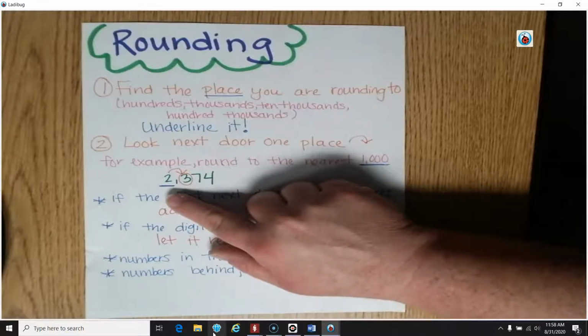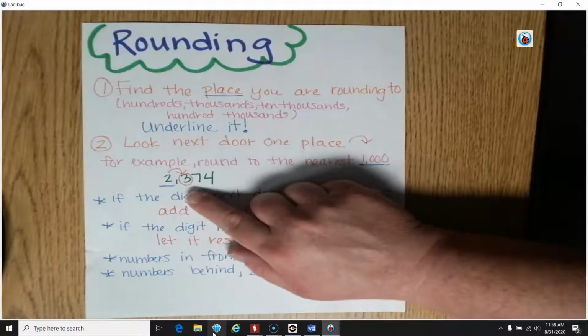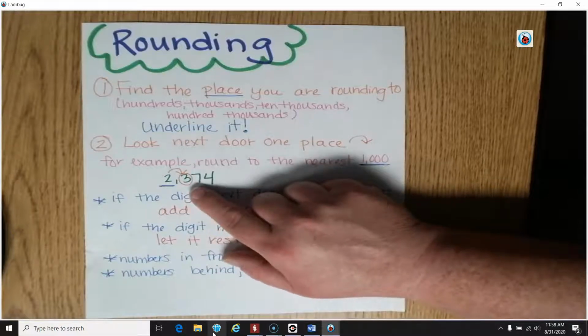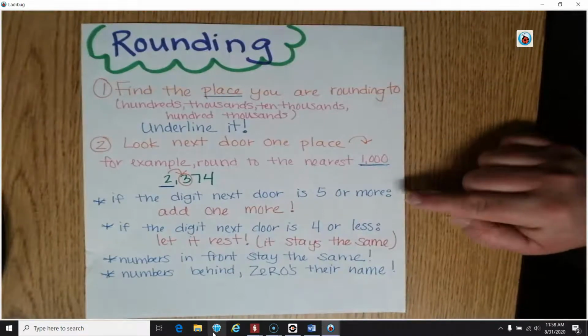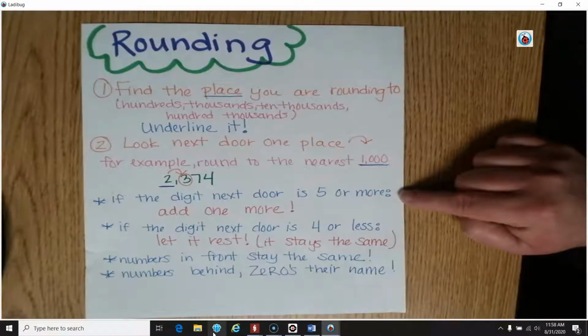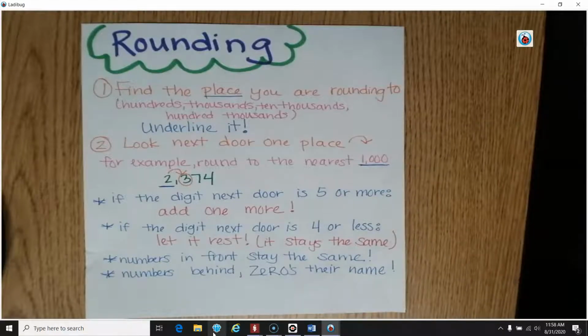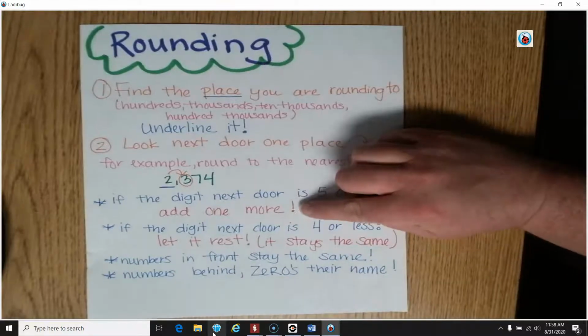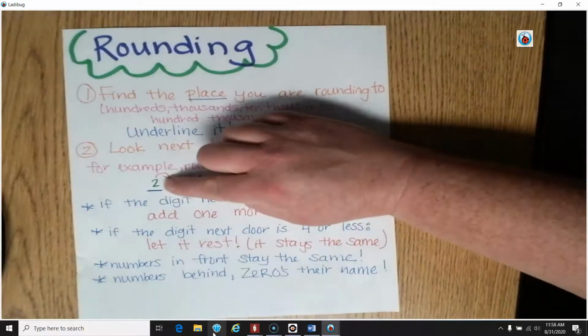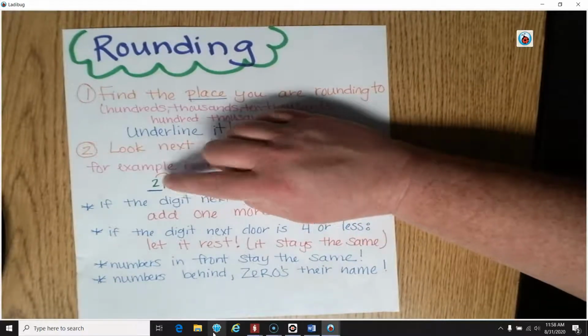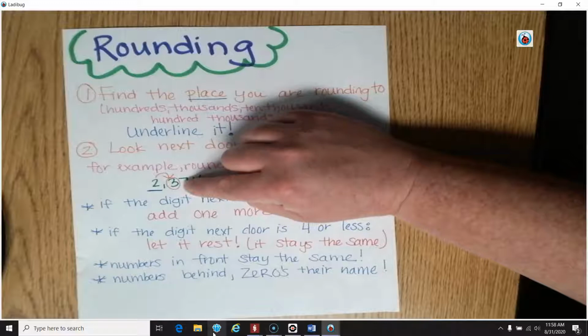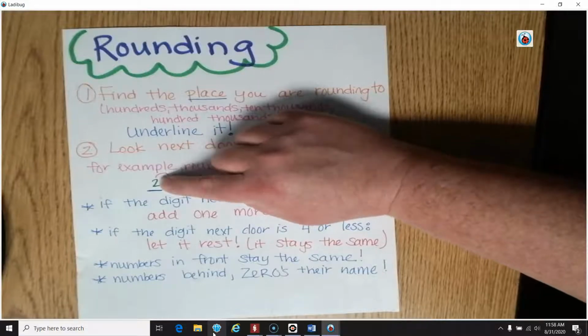So I've underlined the place we're rounding to. I'm looking next door. Now, what does that number tell me? If the digit next door is 5 or more, so that could be 5, 6, 7, 8, or 9, you're going to add one more to the place you're rounding to. So if this digit is 5 or more, we're going to add one more to our thousands place.